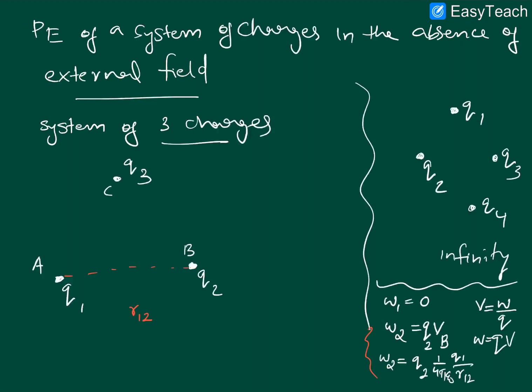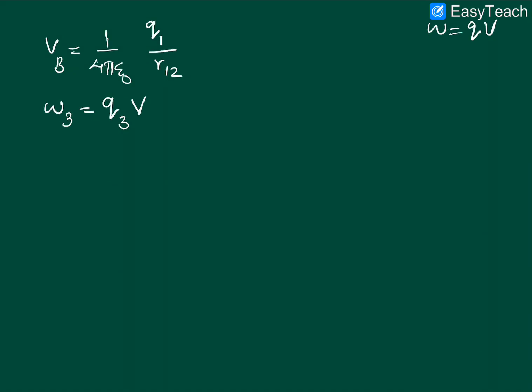And you are moving it to C. VC. But at C there will be potential due to 2 charges, due to Q1 as well as due to Q2. So Q1 is at A. So potential at C due to Q1, let it be VCA. That means potential at C due to Q1.